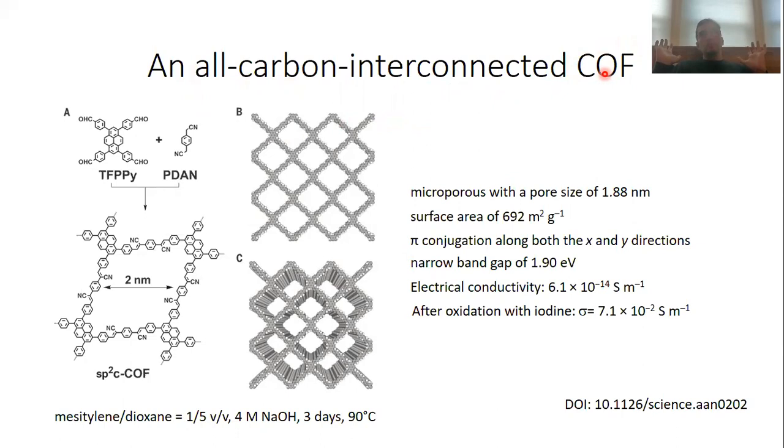So you would imagine a carbon-carbon bond to be a pretty inert bond and a little labile, but certain reactions that involve the formation of carbon-carbon bonds are actually reversible. So that means that the carbon-carbon bond can be formed and cleaved reversibly, which then also allows the crystallization of COFs with all carbon interconnected covalent organic frameworks.